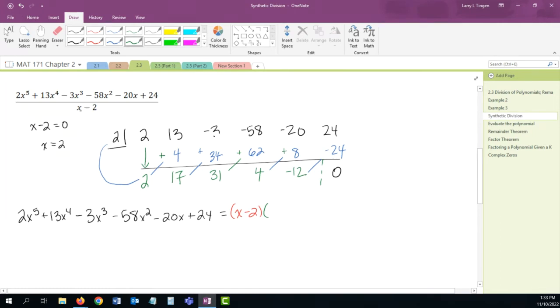I divided it by a 1st degree polynomial. So that means the highest power in my quotient is an x to the 4th. So that starts out 2x to the 4th. And then you're just reading down the line. Plus 17x cubed plus 31x squared plus 4x minus 12. And then the remainder plus 0. You don't have to write that, but you can.